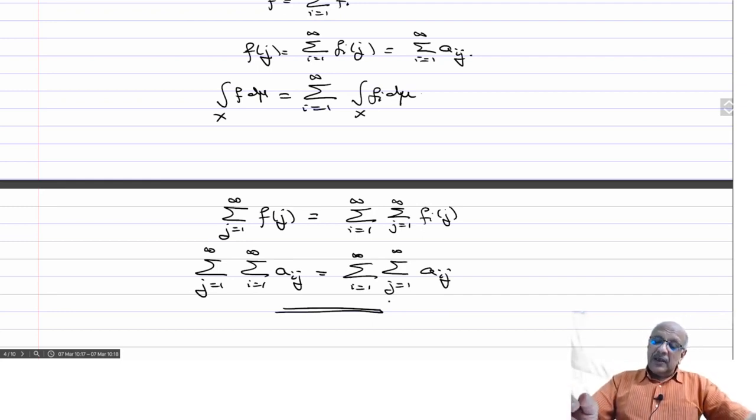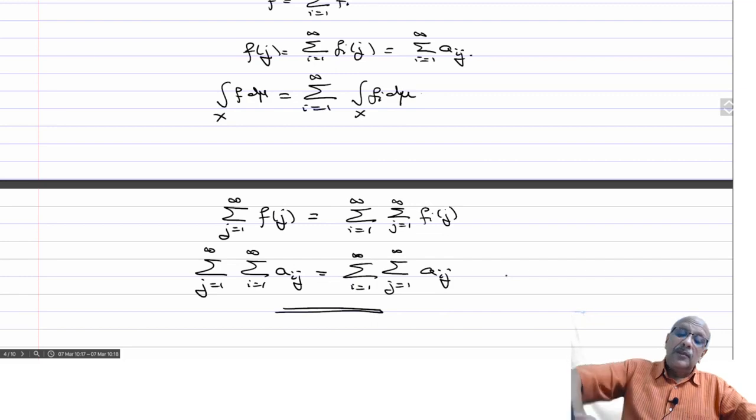We will see examples, and we will also use some limit theorems from measure theory to show when you can interchange the order of summation when the a_{ij}'s are not necessarily non-negative. We will see that example much later. So right now, for non-negative double sequences, you can interchange the order of summation without any problem.